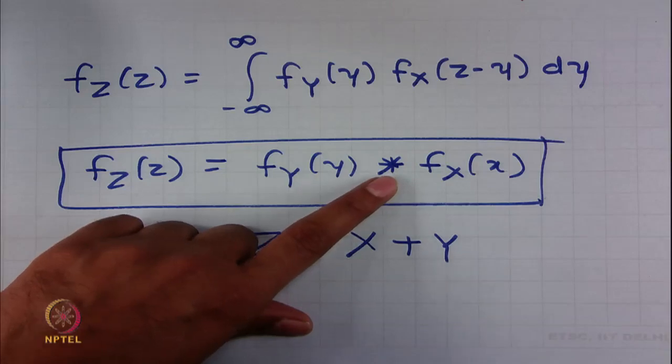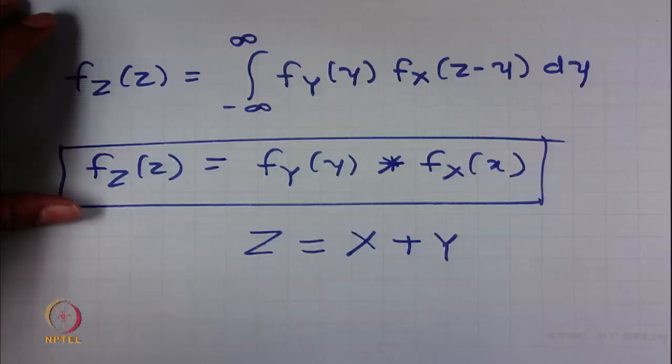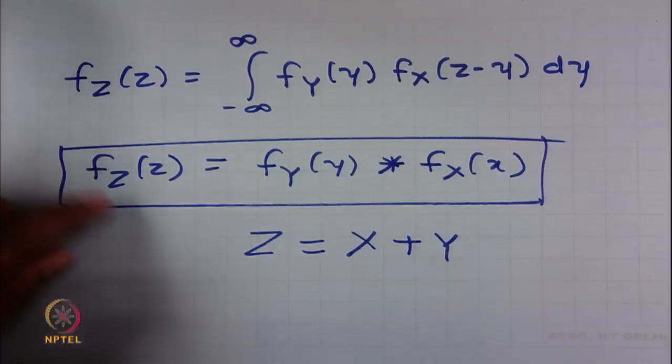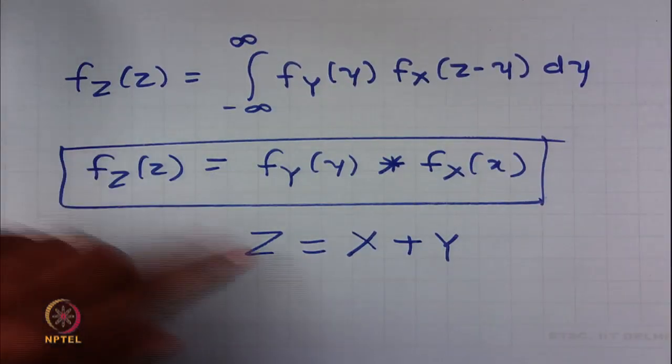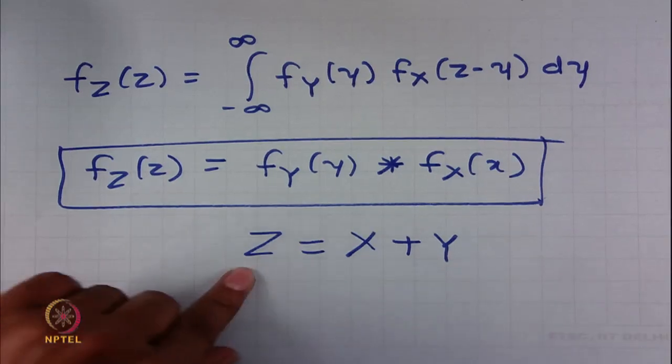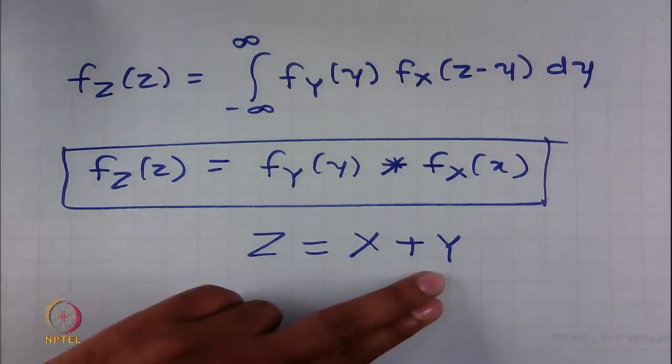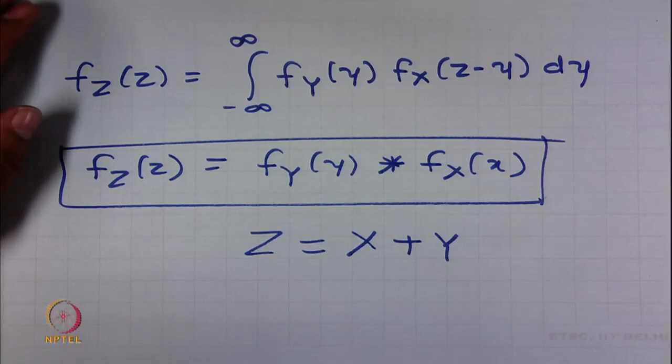And this is a very important result because it will help you in finding the probability density function of a random variable in terms of the probability density functions of other random variables. So, let me show you a picture.